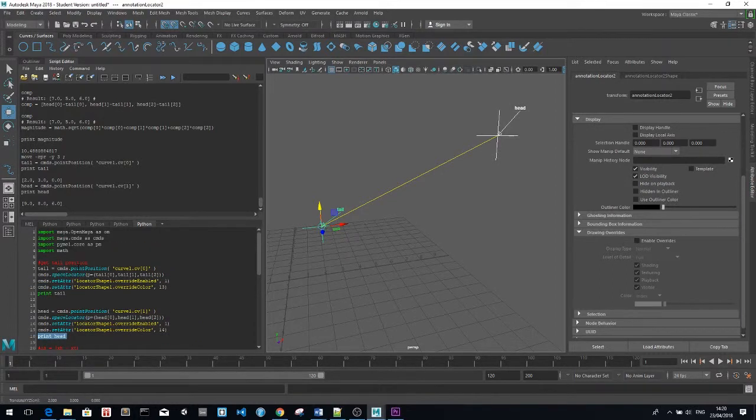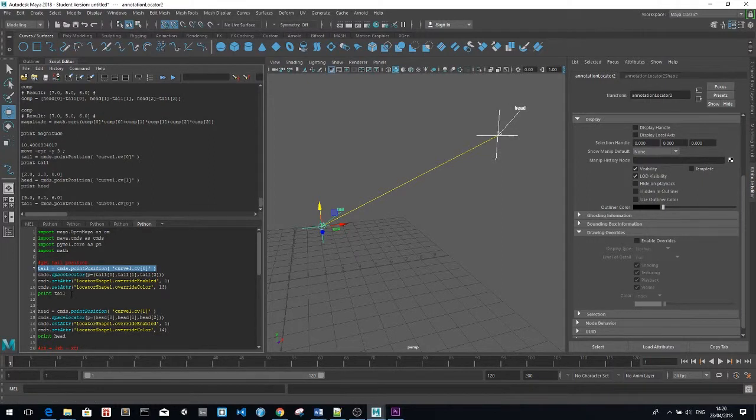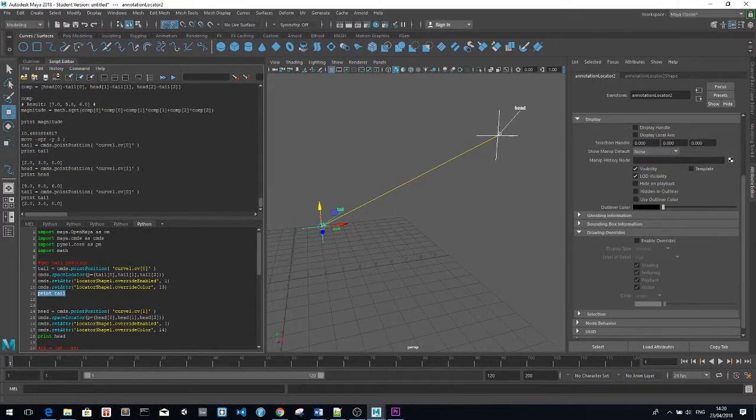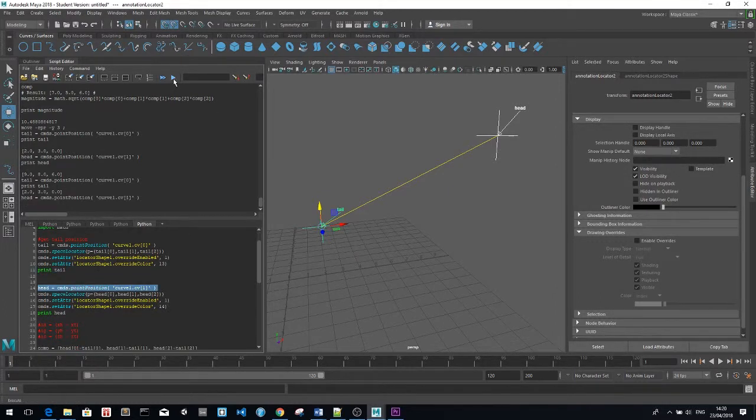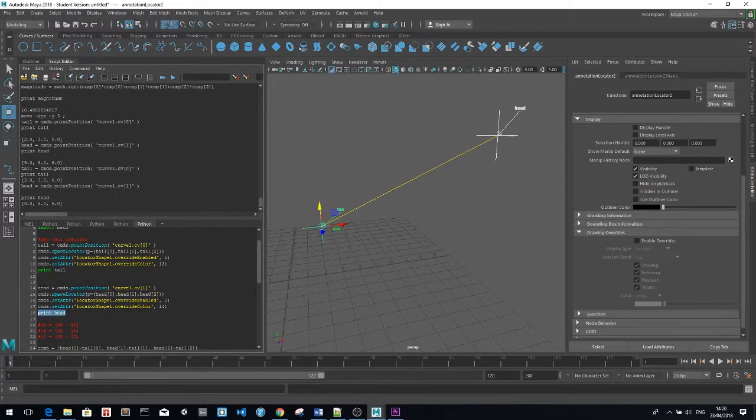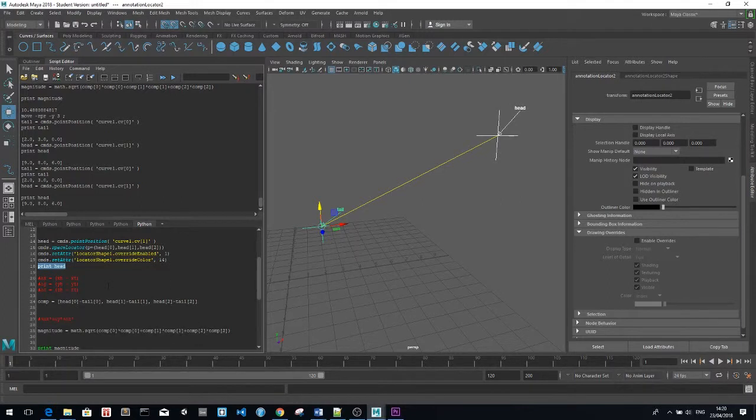So if we move into the script editor, we can query this vector and print the tail position. For x, y, and z it is 2, 3, 0. We can do the same for the head. The position on x, y, and z for the head is 9, 8, and 6. Given these coordinates of the head and tail, we can find its components for delta x, delta y, and delta z.